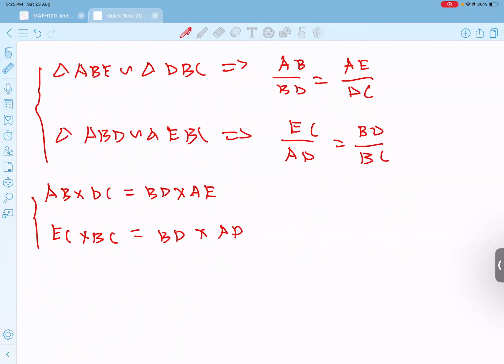Okay, so once you have these similarities, you can cross multiply. AD times BC is EC times BD. And if you sum these two together, you'll have AB times DC plus AD times BC equals BD times AE plus EC, which is conveniently AC.